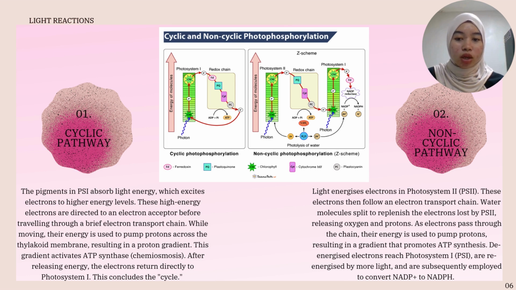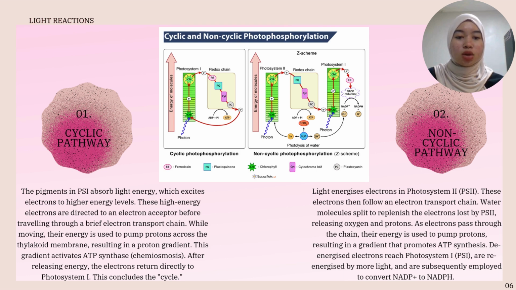While moving, their energy is used to pump protons across the thylakoid membrane, resulting in a proton gradient. This gradient activates ATP synthase through chemiosmosis. After releasing energy, the electrons return directly to PS1, which concludes the cycle.